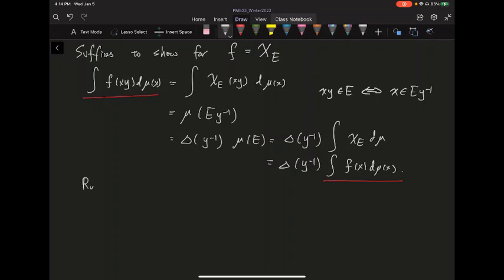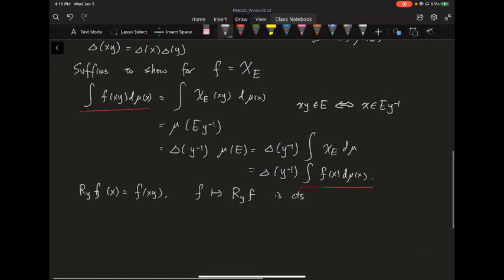If you recall, R_y of f evaluated at x is just equal to f of xy. And because we know that this map, f maps to R_y of f, is continuous, as y goes to the identity, R_y of f is converging to f in the uniform norm. So based on that, you know that this integral is going to be continuous in y. And y inverse is clearly continuous, so delta is continuous. Okay, so you can convince yourself this delta is continuous from that.